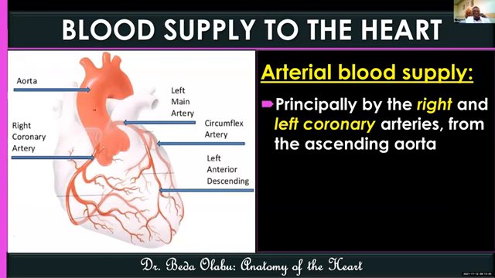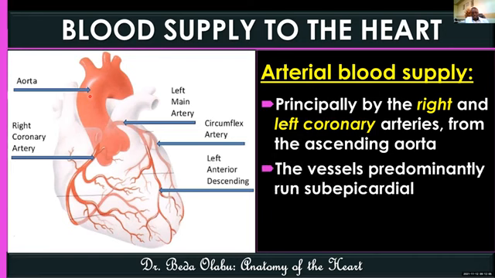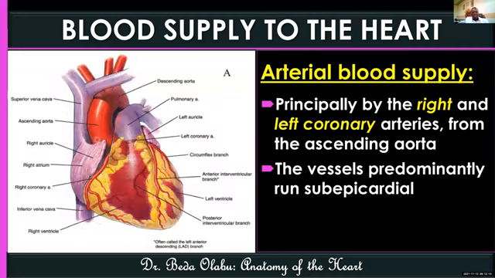The ascending aorta is the part of the aorta going up from the heart. These vessels largely run between the epicardium and the myocardium. That's what we call the subepicardial zone. Maybe in these images, we see the vessels there, right coronary, left coronary. The vessels run in the subepicardial zone.